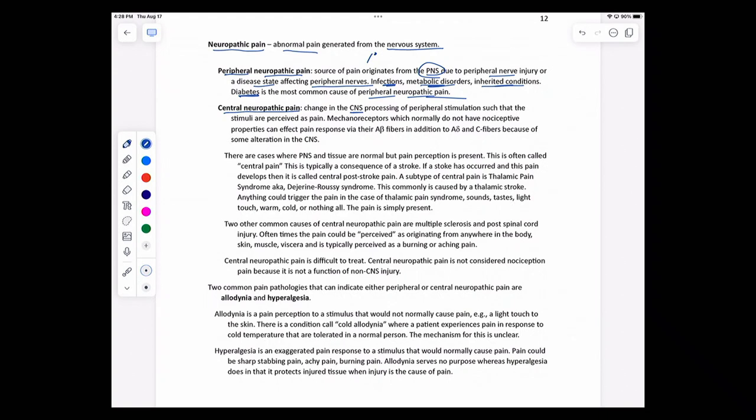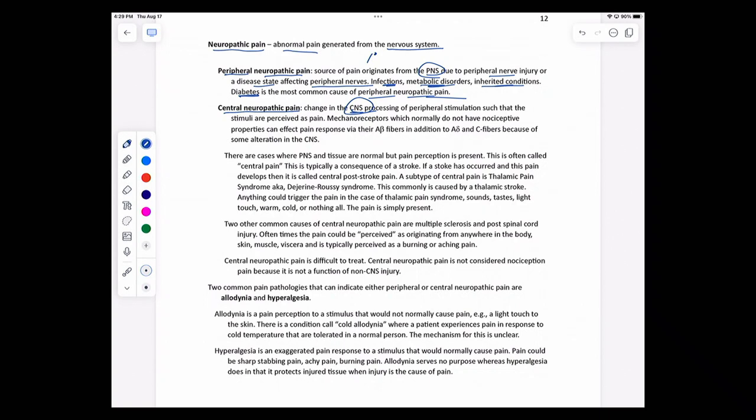They're doing what they're supposed to be doing, but when those primary sensory neurons activate the pain pathway in the central nervous system, it is the neurons in that pain pathway that are doing something abnormal, causing you to have a sensation of pain when in fact there's no direct stimulus for the pain itself.